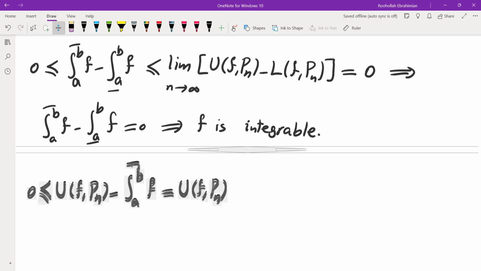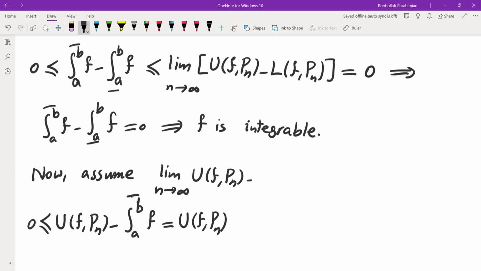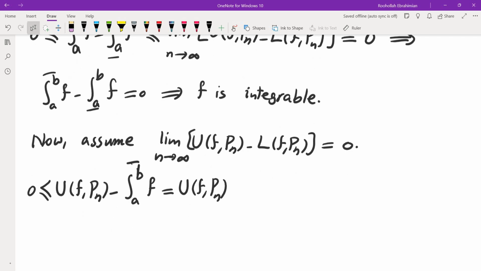So let me actually write down what I'm assuming now. Let me just rewrite it to make it more clear. Assume that the limit of upper minus lower is 0. Okay, so if you look at the upper sum minus the upper integral, this is always greater than or equal to 0 because the upper sum is always greater than or equal to the upper integral.